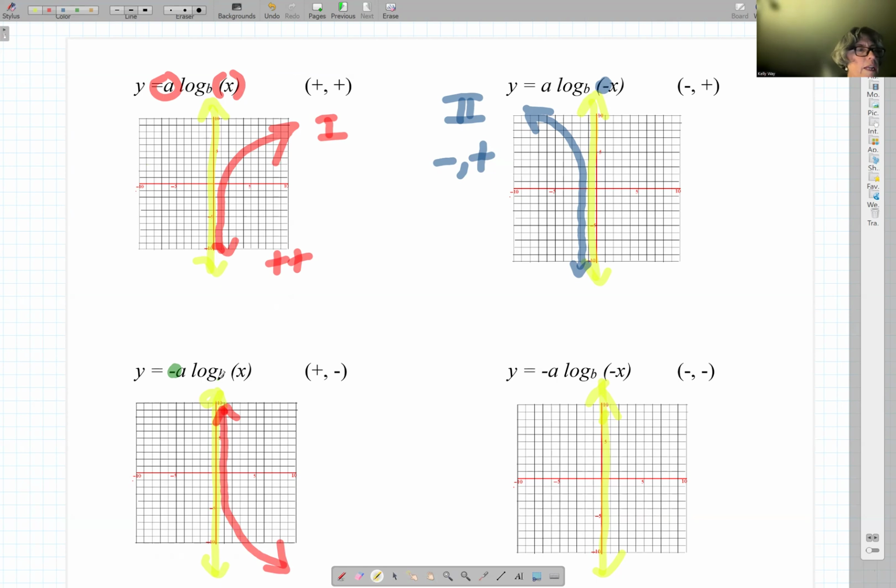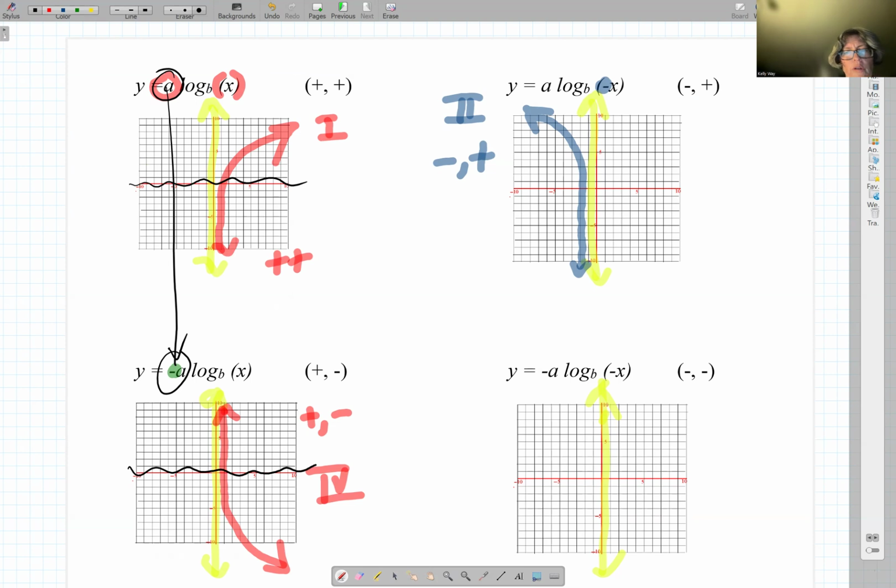And notice we're heading towards the quadrant 4, where x is positive and y is negative. And that's because of this transformation becoming negative. It flips over the x-axis from here to here.